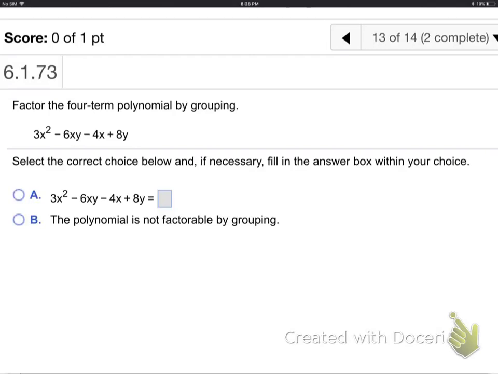So let's try that. So 4 terms up there. Same thing, first 2, last 2. Feel free to compare with those around you if you want, so you can get the same thing.